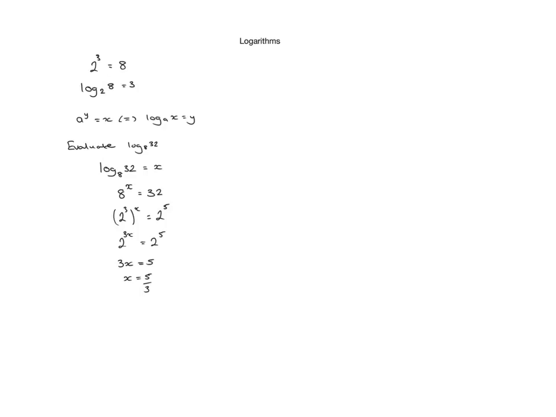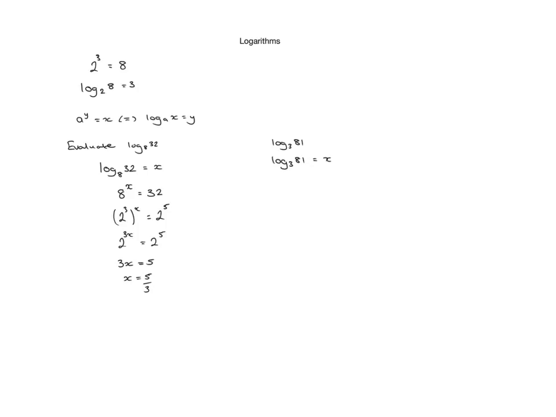We're going to work out, instead of log 8 of 32, let's do log base 3 of 81. Again, what we're saying is, 3 to the power of something is equal to 81. So let's rewrite that. Log base 3 of 81 is equal to x.